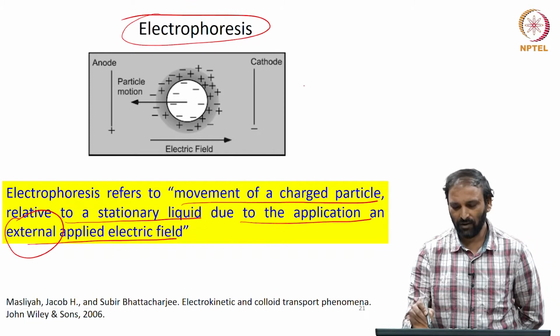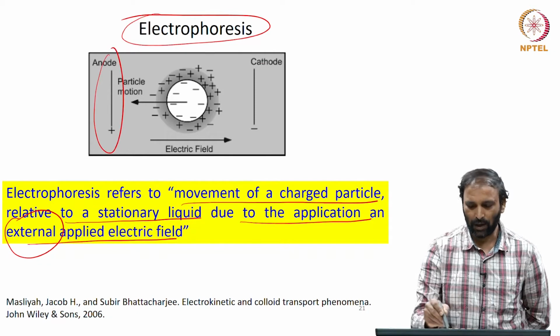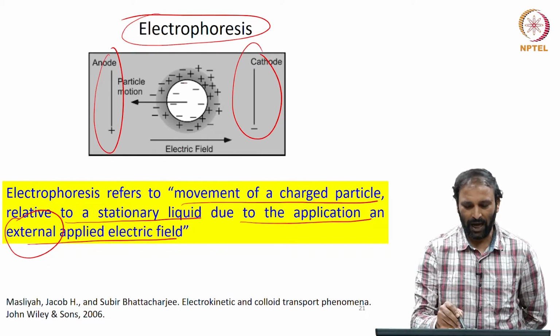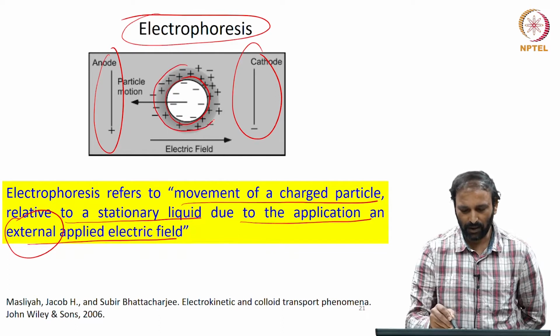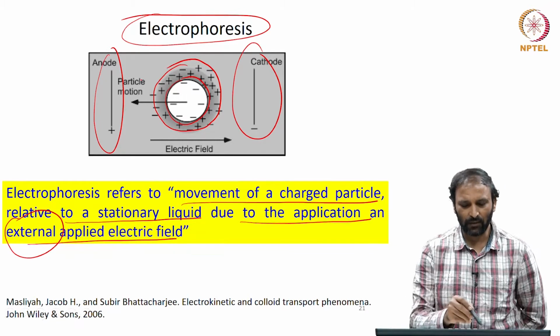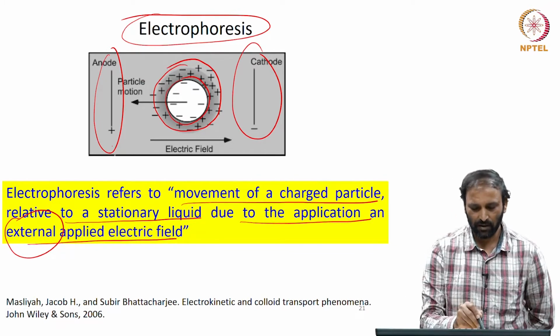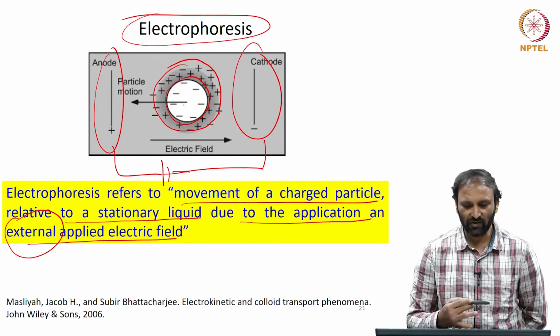So, you have particles in a fluid, there is an anode and a cathode, and you have a charged particle depicted here with an electrical double layer associated with it. Whenever you apply an electric field, the particle moves. This phenomenon is what is called electrophoresis.